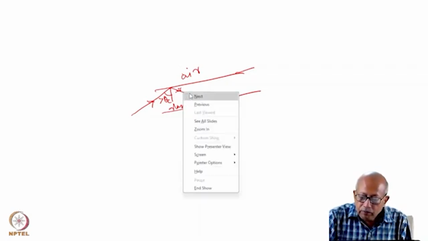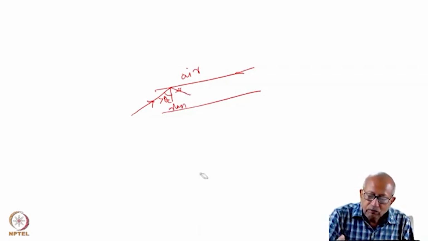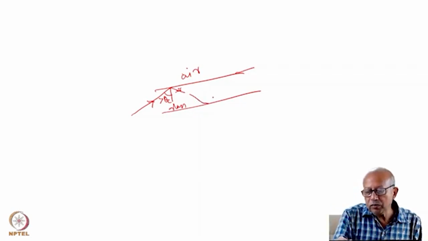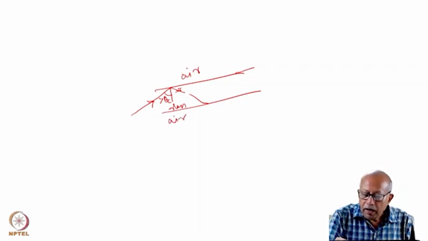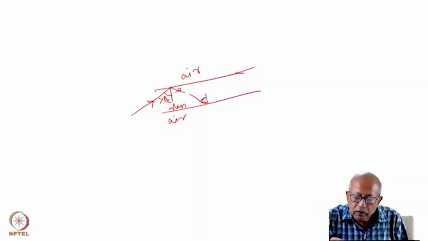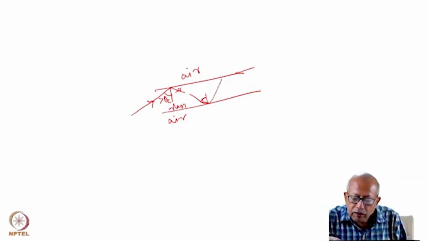It again strikes the other interface between the glass and air, and this angle of incidence will again be the same, that is more than the critical angle. It will be reflected again.